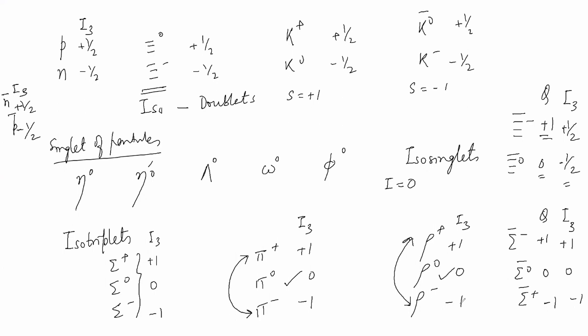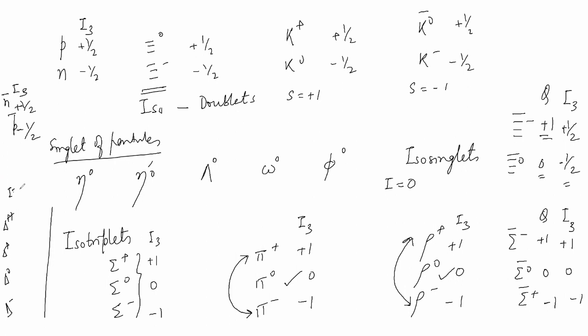Therefore, to the doublet of particles, we assign isotopic spin half. To triplet, we assign isotopic spin 1. For singlet of particles, we assign I equal to 0. Similarly, we have quartet of particles like delta plus, delta 0 and delta minus.